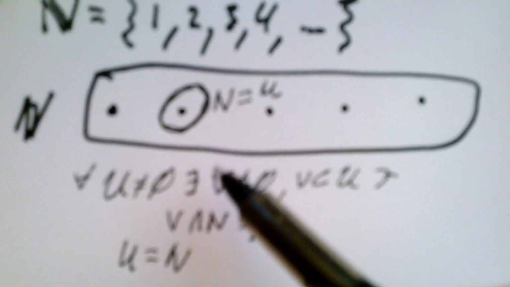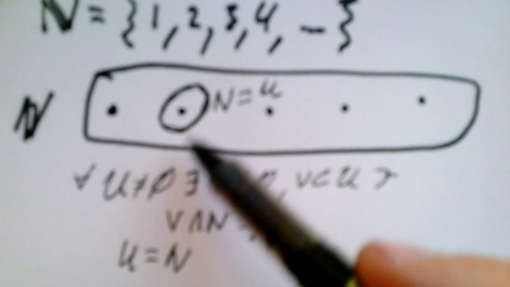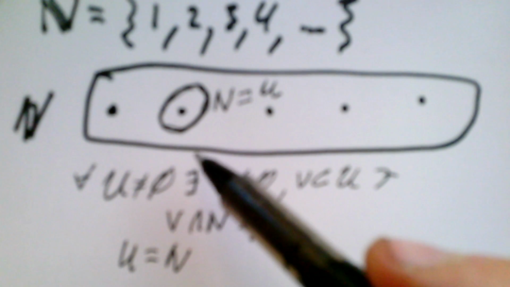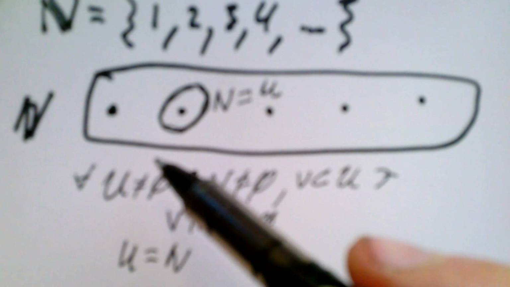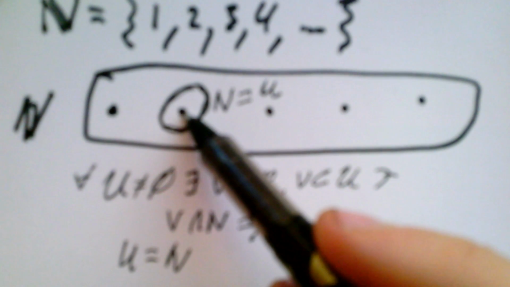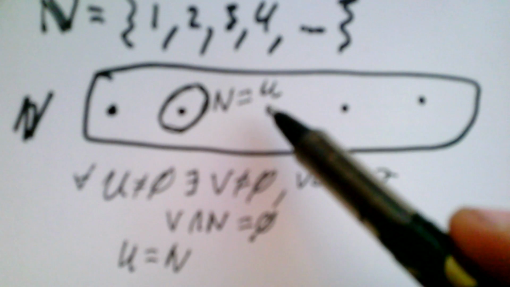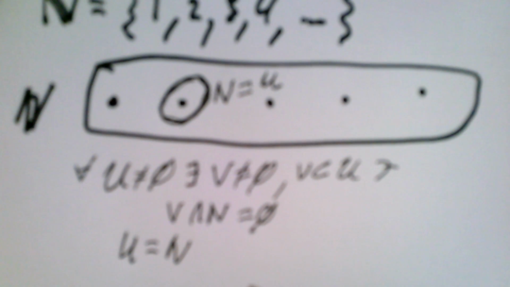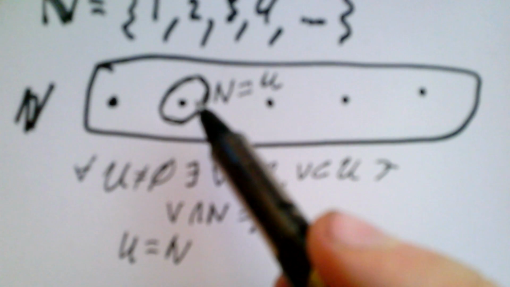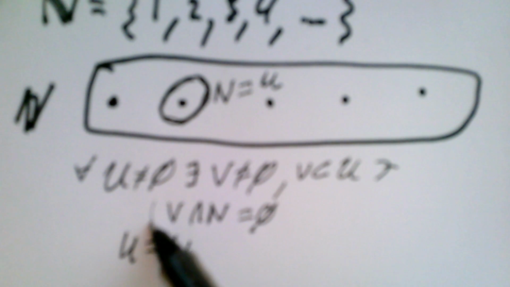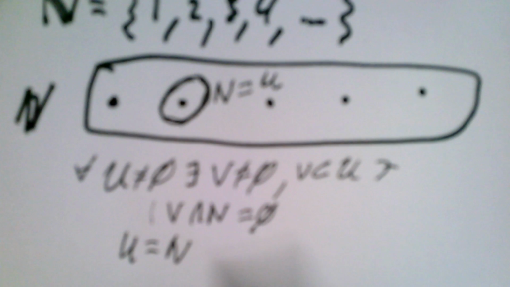Now, if N were nowhere dense, I would be able to find a non-empty open V in U such that V doesn't intersect N. Well, the only non-empty set inside of U is U itself. And U intersects N. So all of the subsets of U either intersect N or are empty, so I can't find a valid V. And that is going to prove that N is somewhere dense.